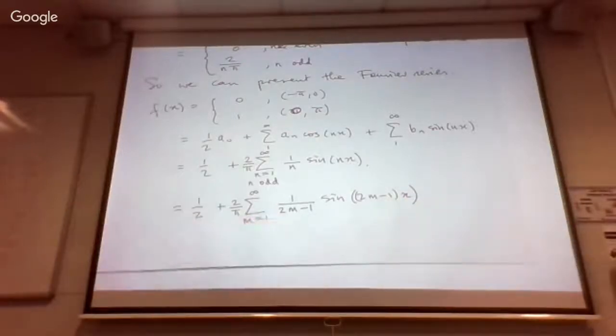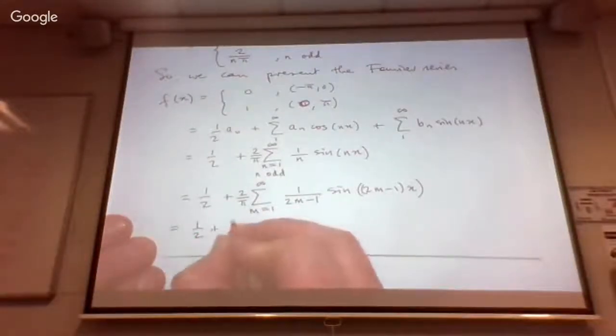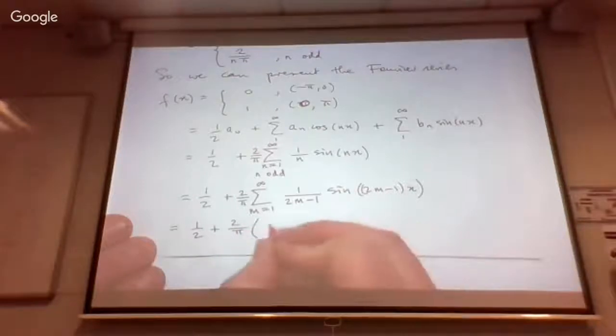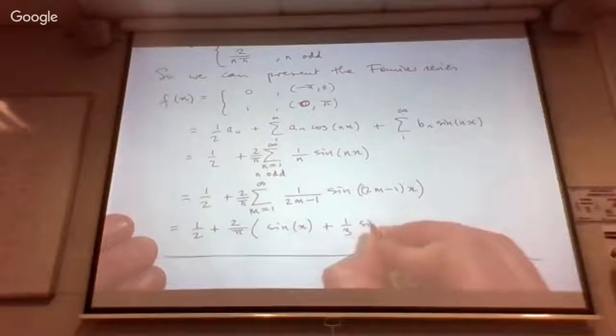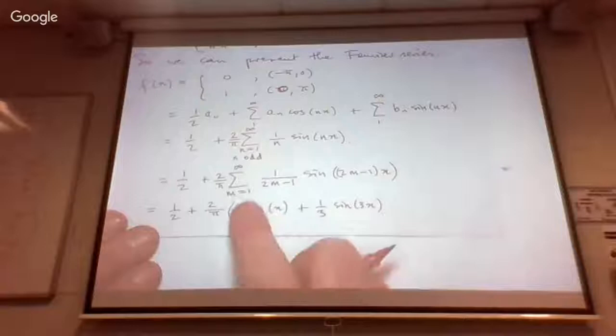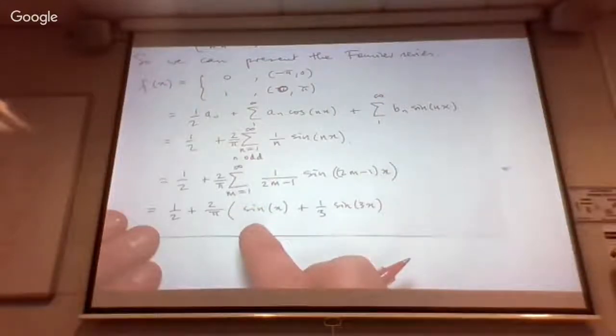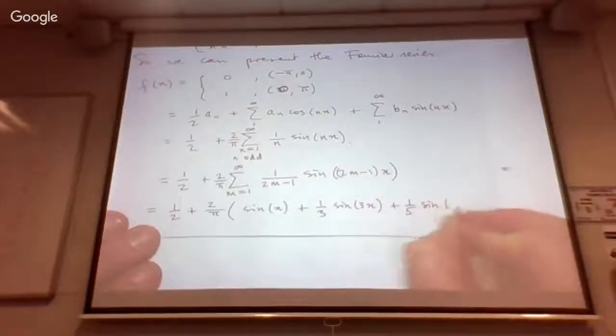So that should be exactly what's written over the page, except to use n for the summation index, but who cares? So it's a half plus 2 over pi, times sine of x when m is 1, plus a third sine of 3x when m is 2, plus a fifth sine of 5x, etc., when m is 3.